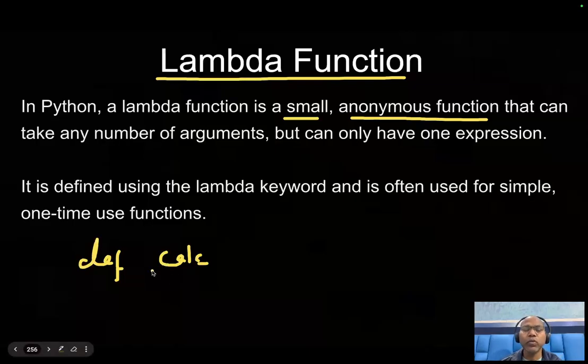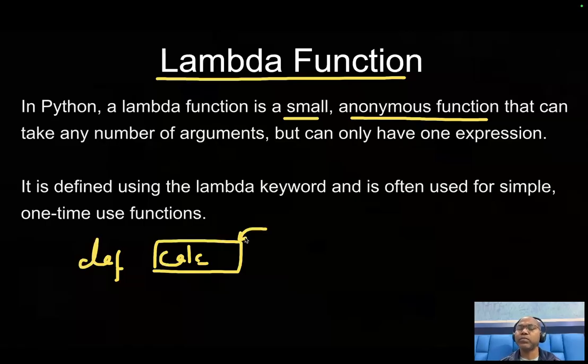The basic rule is that you must type a function name, and that name is used from the different places where you call it. But in the case of an anonymous or lambda function, this name part is optional. That means you can define a function without any name.